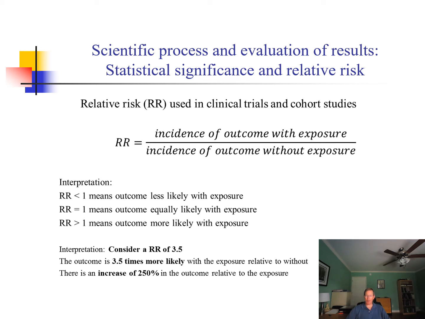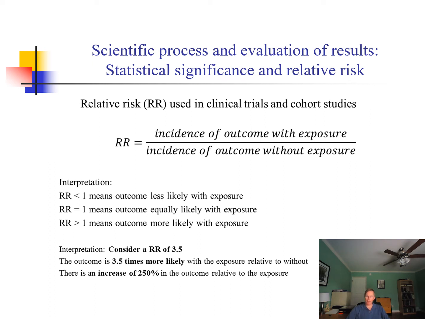And if the relative risk is 1, it means that the outcome, ischemic stroke, is equally likely with those two medications. If it's less than 1, it means that the drug that you're testing, in this case Pradaxa, is less likely to produce that undesirable side effect of ischemic stroke. And if it's greater than 1, then it's more likely.